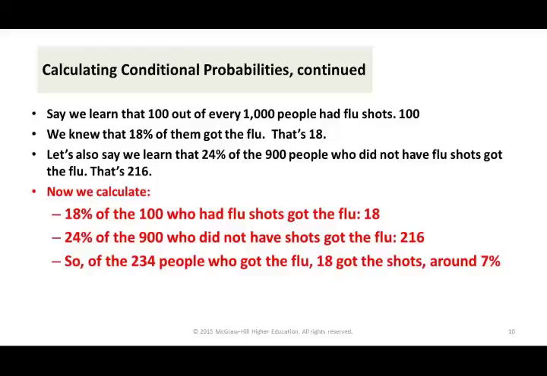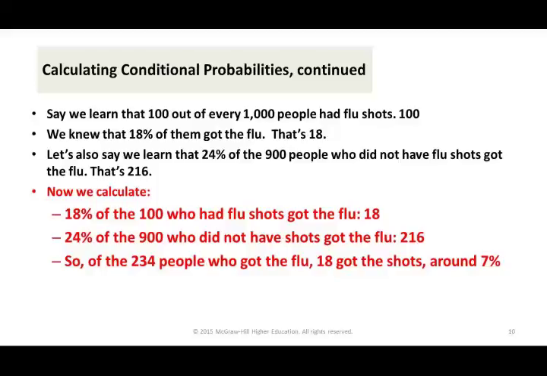That's 216. Everybody with me? So out of the 234 people who got the flu, whether or not they got the flu shot, right? That's 216 plus 18. Of the 234 people who got the flu, 18 got the shots, which is 7%.